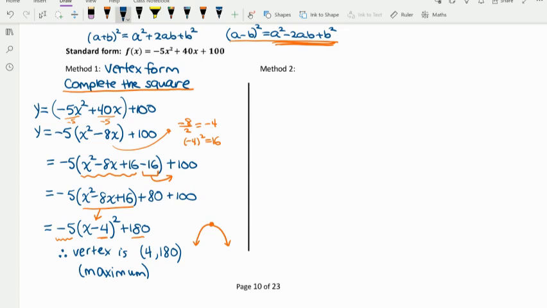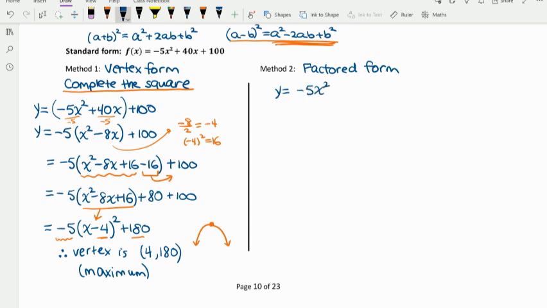All right, method number 2. The factored form. We are going to take the standard form and make it into the factored form. Well, you're actually just going to use the factoring methods we've used in lesson 3.